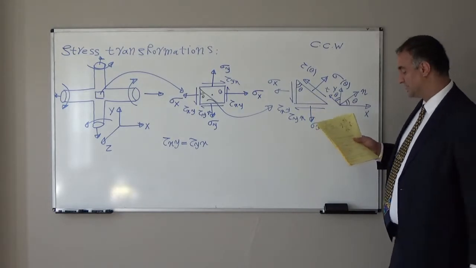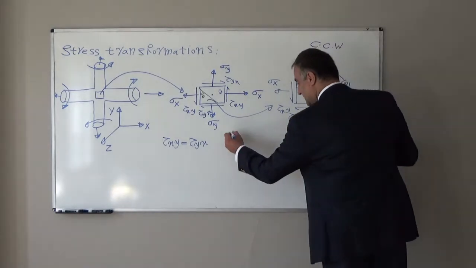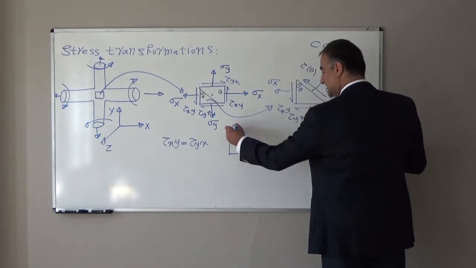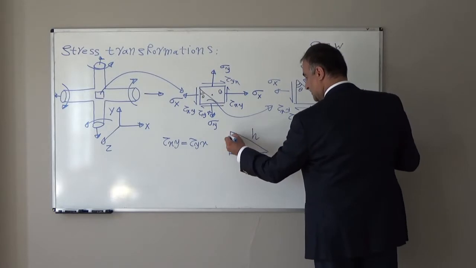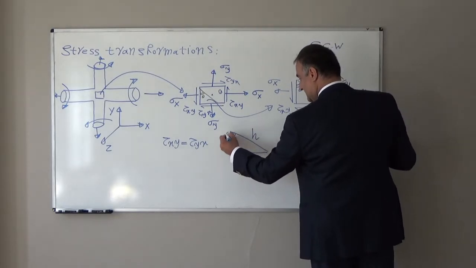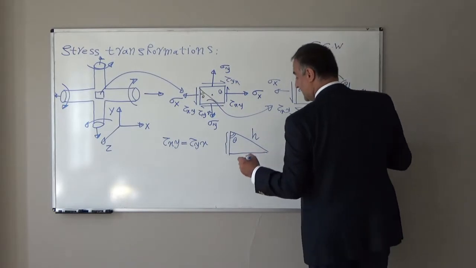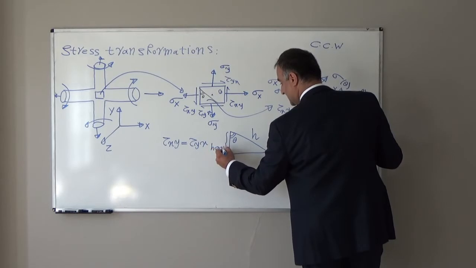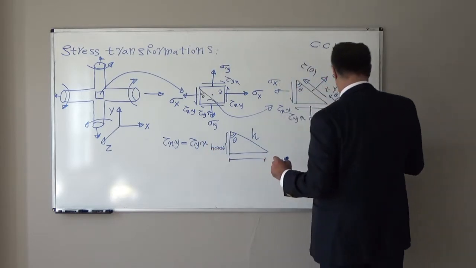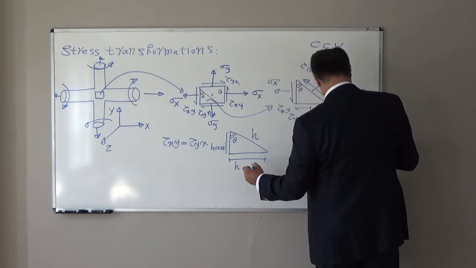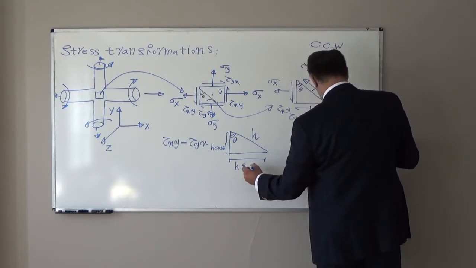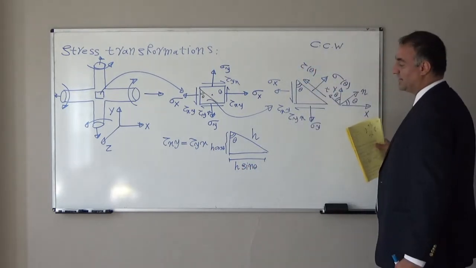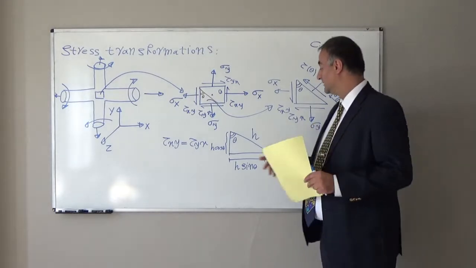If I look at this element in 3 dimensions, in 2 dimensions it is like this. Here, the length, if it is h, I assume, this is theta. This side of the triangle will be h cosine theta, and this side of the triangle will be h sine theta. So we have each side of the triangle.